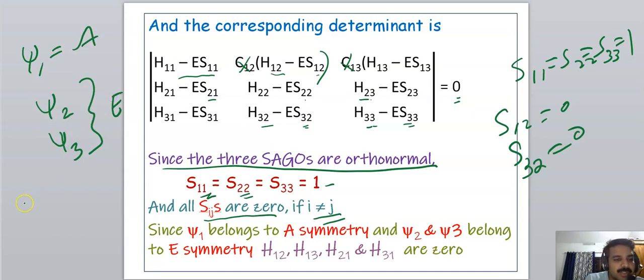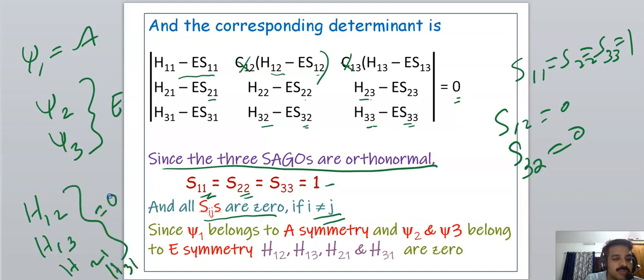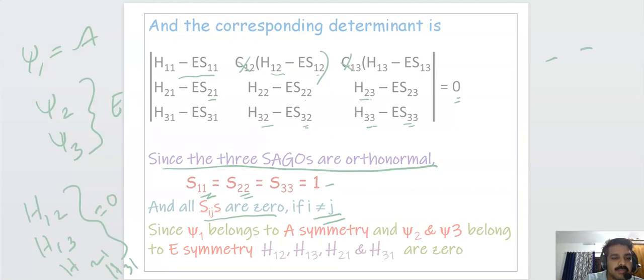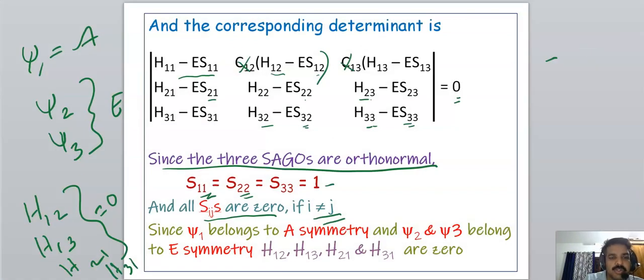Therefore, H12, H13, H21 and H31, all these are equal to 0. Because we know that, what is H12?